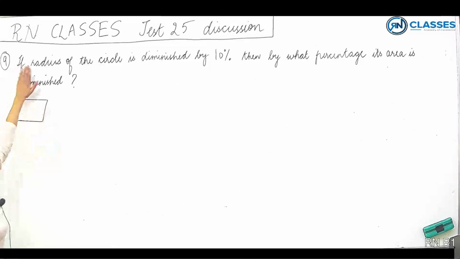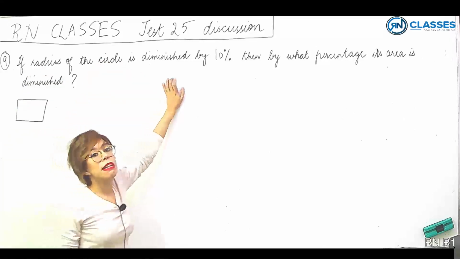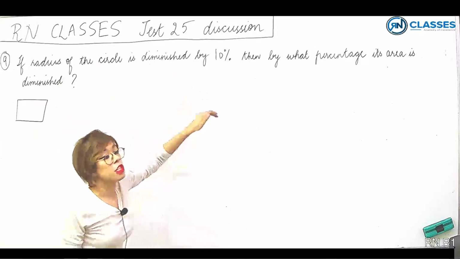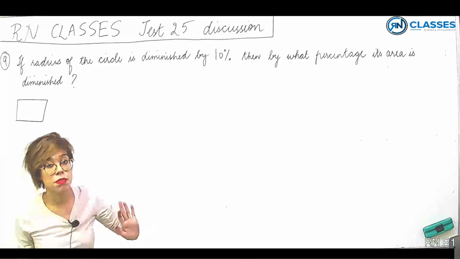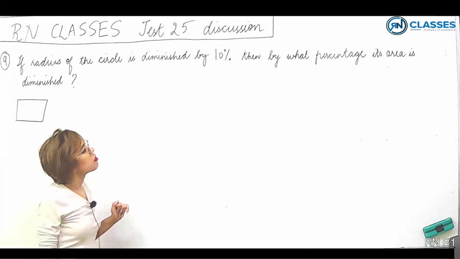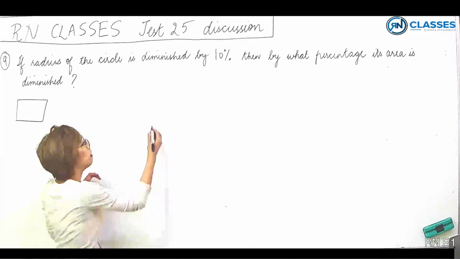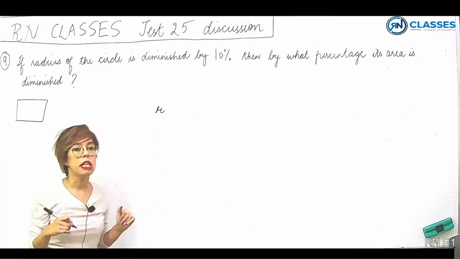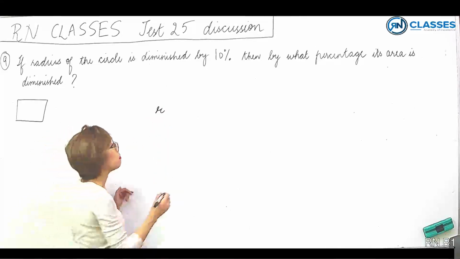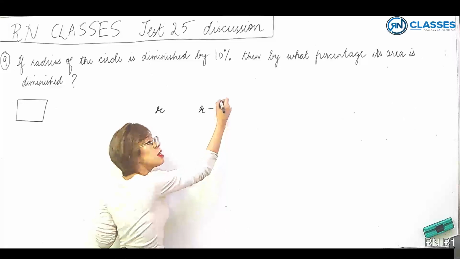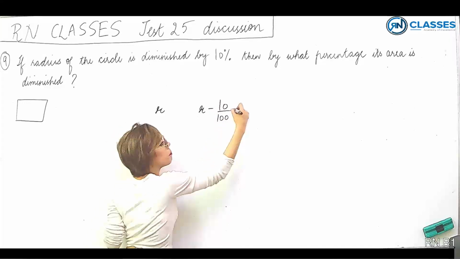So let's see. If radius of the circle is diminished by 10%, radius is diminished, as in it is reduced by 10%. Okay, so I'll assume my radius is r. Now it is reduced by 10%, that means r minus 10% of r.